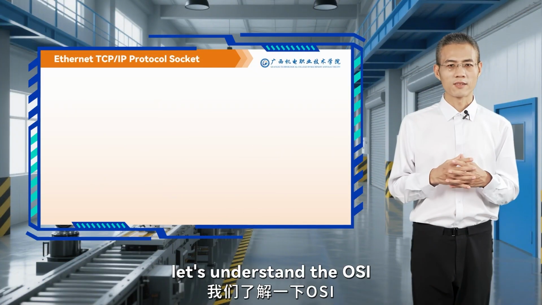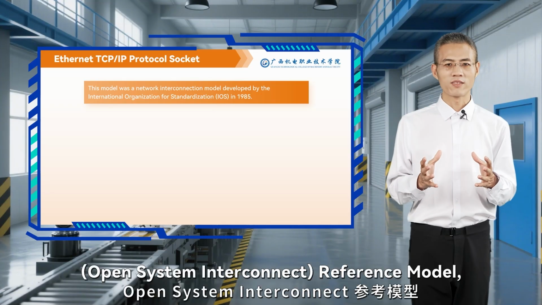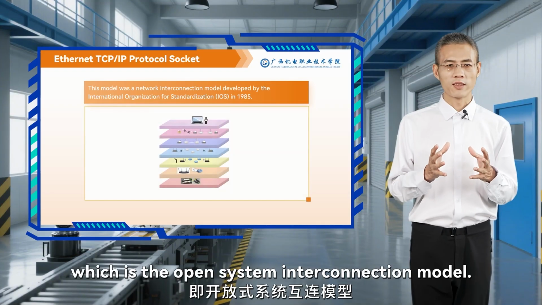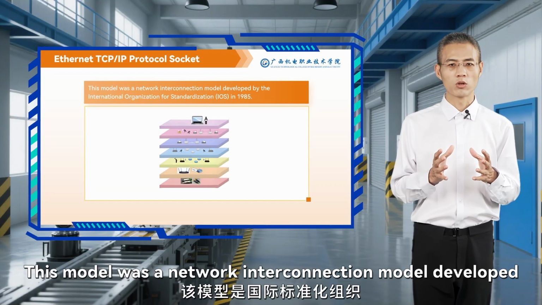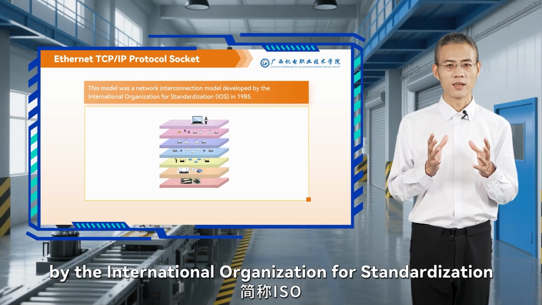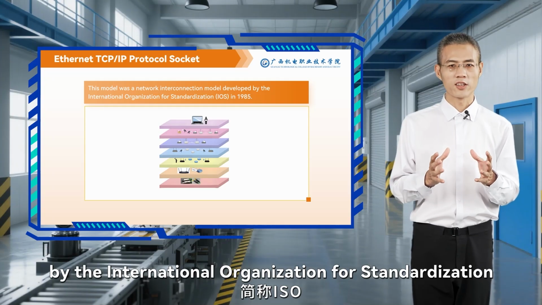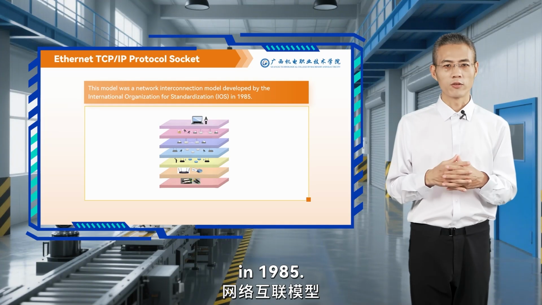First, let's understand the OSI, Open System Interconnect Reference Model, which is the Open System Interconnection Model. This model was a network interconnection model developed by the International Organization for Standardization in 1985.